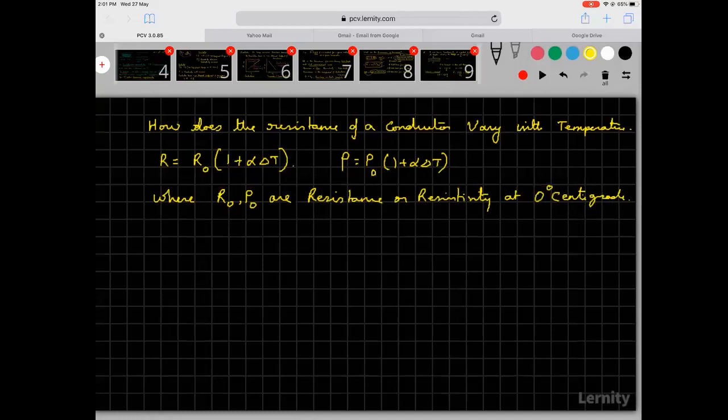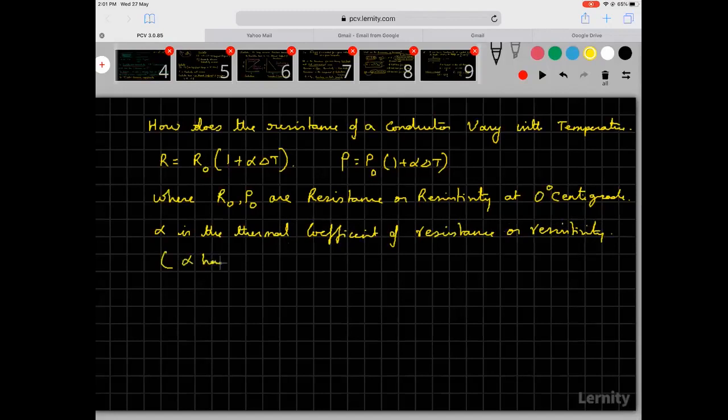Okay, where R0 and rho 0 are the resistance or resistivity at 0 degrees centigrade, then alpha is the thermal coefficient of resistance or resistivity. Okay, alpha has nothing to do with thermal expansion.